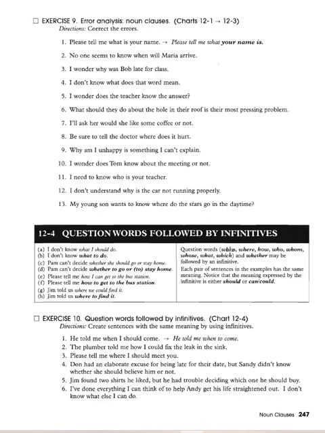So question words, who, where, when, how, whom, whose, which, what, and whether may be followed by an infinitive. Each pair of sentences in the examples has the same meaning. Notice that the meaning is expressed by the infinitive in either should or could. So that means that "I don't know what I should do" has the same meaning as "I don't know what to do."